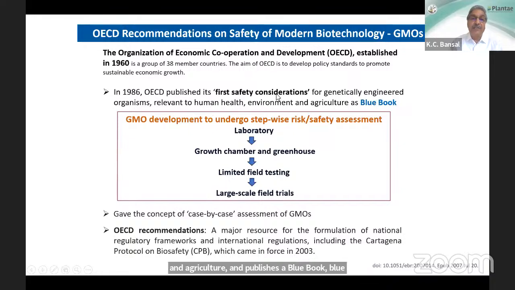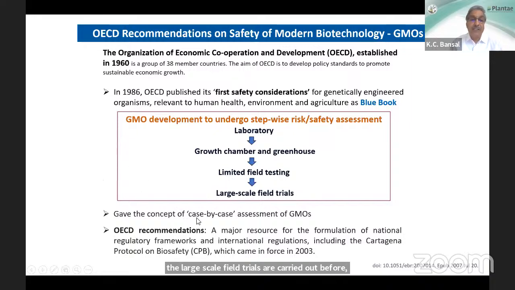And as per these safety considerations, GMO development, or in particular GM crop development, is required to undergo stepwise risk or safety assessment, starting from the laboratory to growth chamber and greenhouse, then to limited field testing under confined conditions, and finally large-scale field trials are carried out before environmental release or commercialization, to grow in the farmer's field when we talk of GM crops.